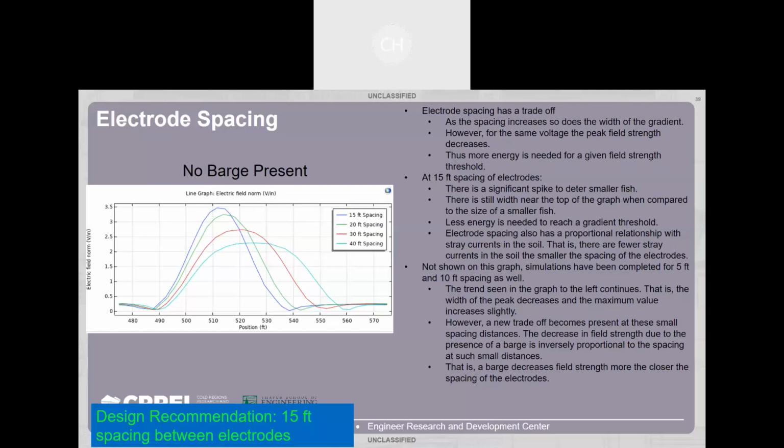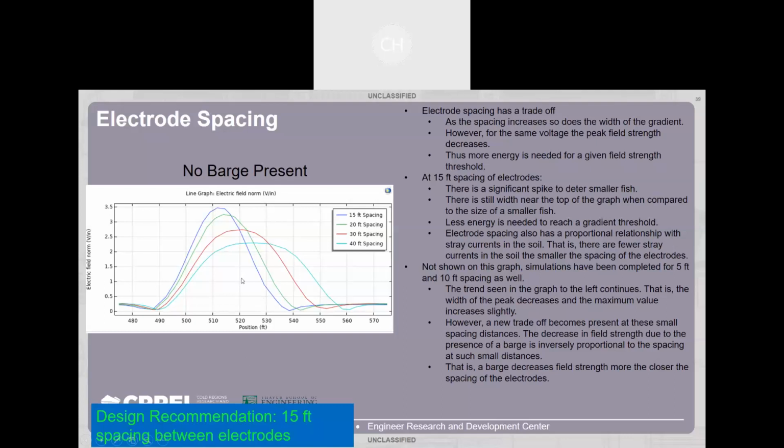So one thing you can do, if it's decided that you need this really wide field, instead of holding at the same voltage, is increase the energy requirements and raise this even higher.